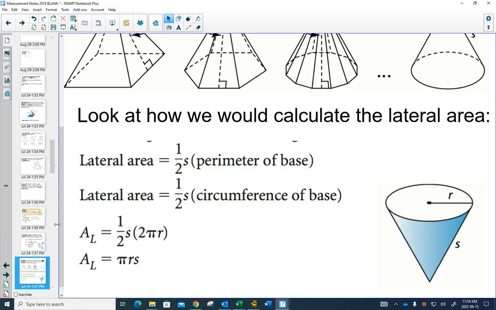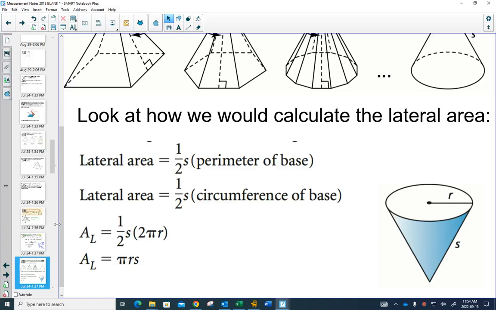And so the lateral area just becomes 1/2 times the slant height times the circumference, which, very cool, the 2's cancel out, and so you just get pi times r times s for just this blue shaded part. If you wanted the surface area of a cone, and look on your formula sheets, surface area of a cone, it's on there.